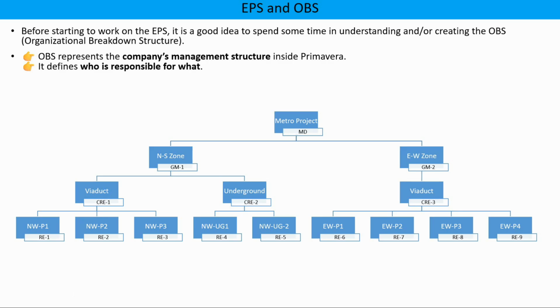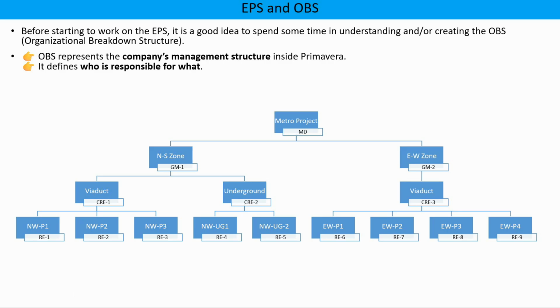So you have a general manager for that, GM, and GM2 for the East West Zone. When you come further down, like viaduct and underground and viaduct for their particular section, they have chief resident engineers. After that, if you go further, then you have a residential engineer. Even if you go to another level, it may have a section engineer, site engineer. So it will go like that.